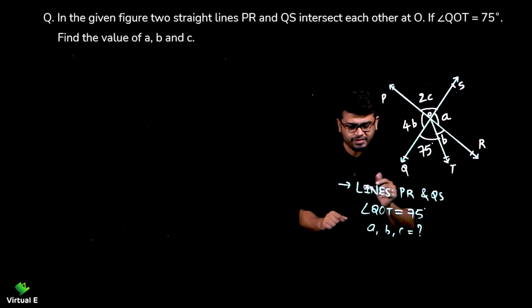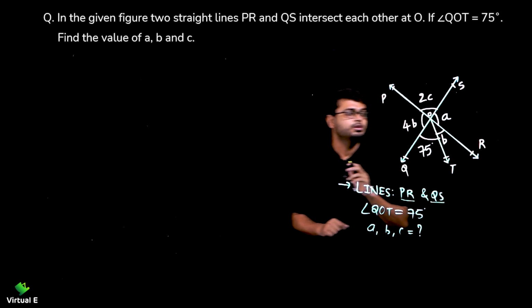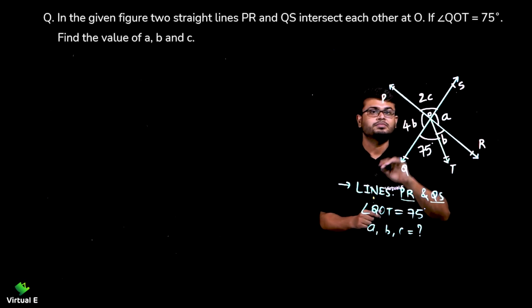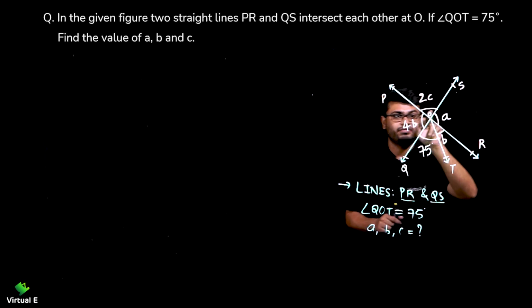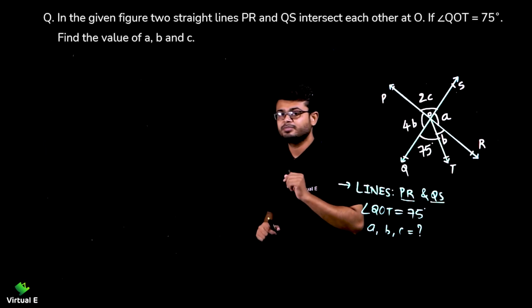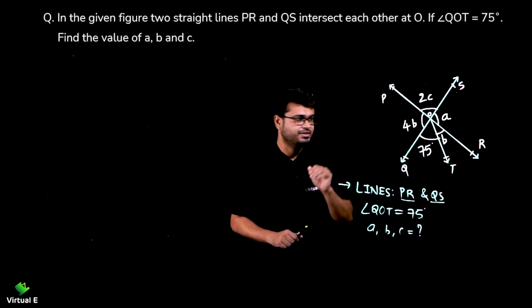So can we use this concept of lines PR and QS? You can see over here, first of all, let's talk about line PR. If I take line PR, we have 2C and A. If I add, we are going to get 180, but we don't have any of the values C or A. So that doesn't make any sense right now.